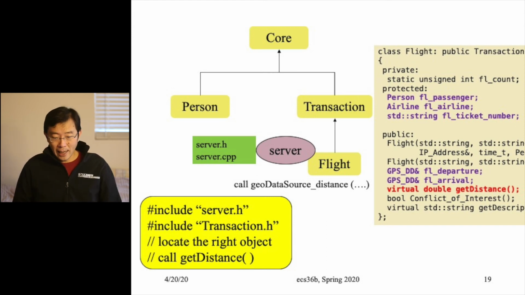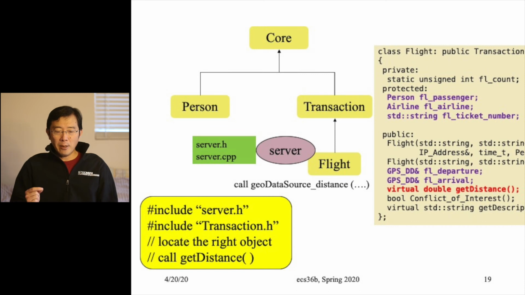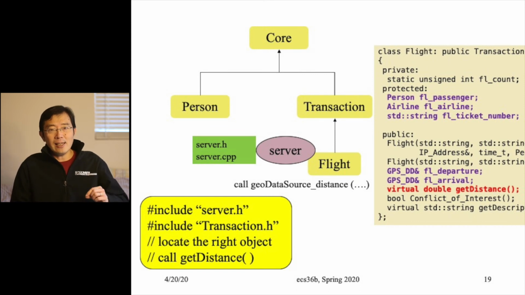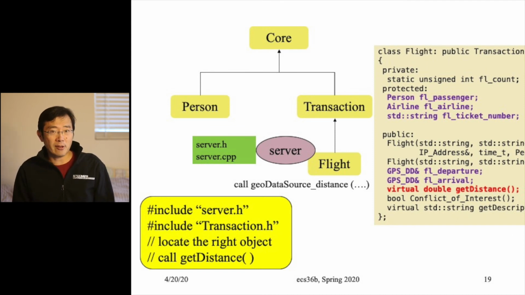My implementation of getDistance is exactly your implementation of getDistance for your homework assignment number 2. So I get this geoDataSource distance function, and whenever I see a shadow object send me a request about calculating the distance, I'm going to call geoDataSource distance.